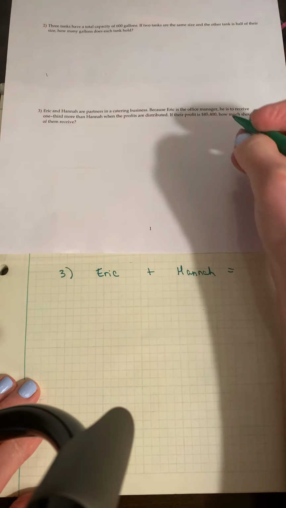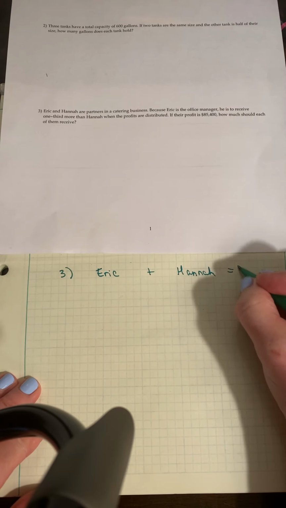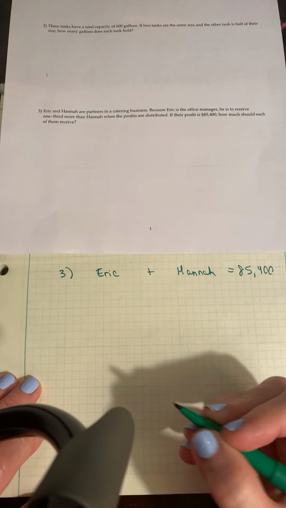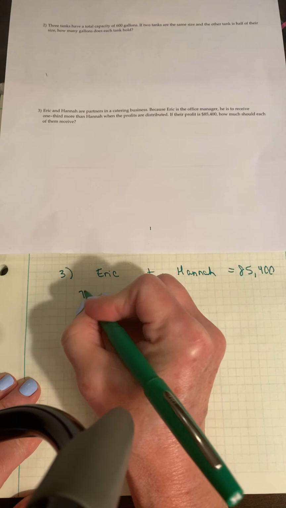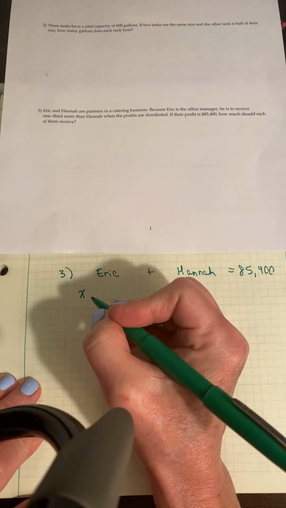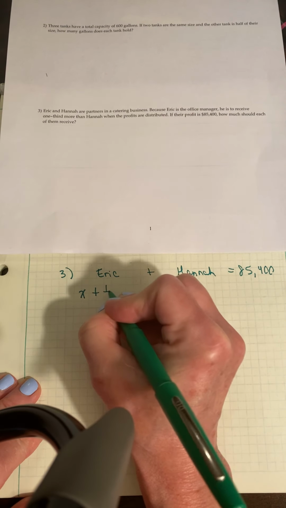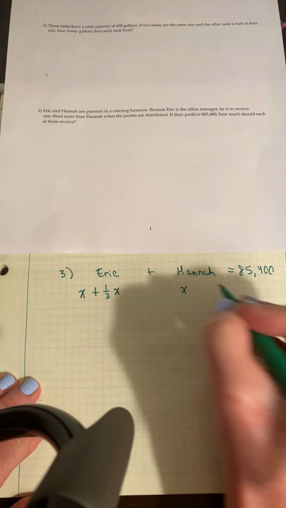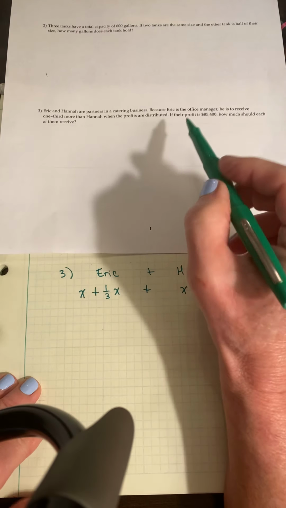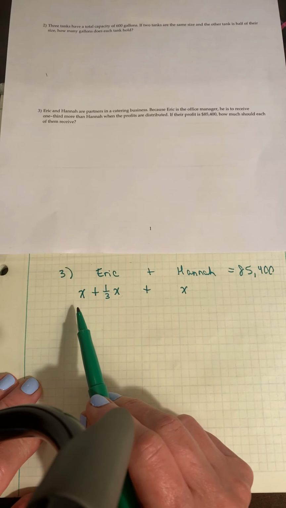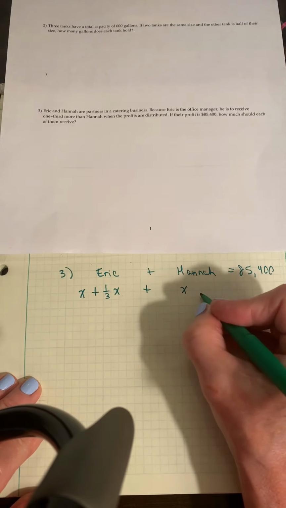And their total profit, $85,400. Okay, now Eric gets X number of dollars, and so does Hannah. But he gets an additional 1/3 of those dollars. So he is to receive 1/3 more, so he gets a base amount plus 1/3 more.